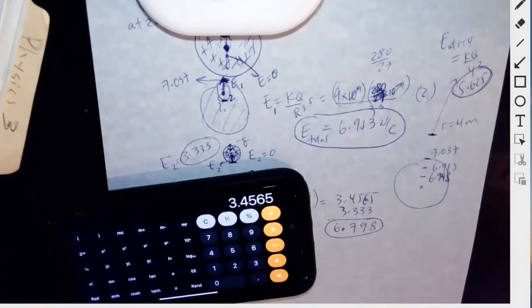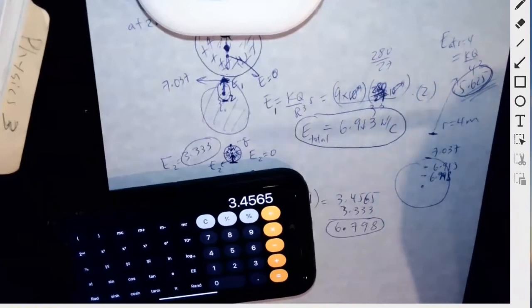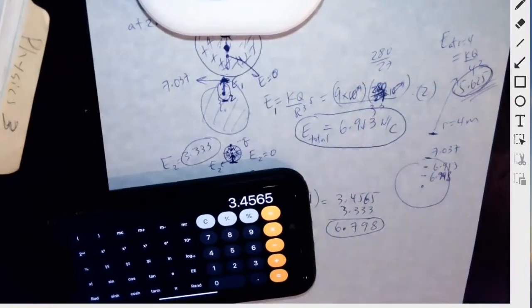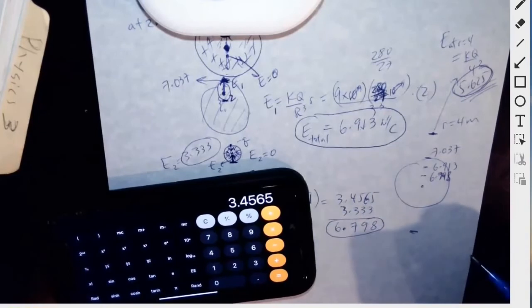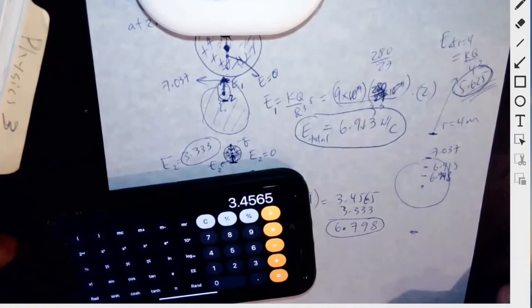Or are we gonna get that, no, this doesn't work anymore? I feel like it's not gonna work anymore, because when you're 4 meters this way, it's gonna be different when you do the superposition, right? So I feel like it's not gonna work.